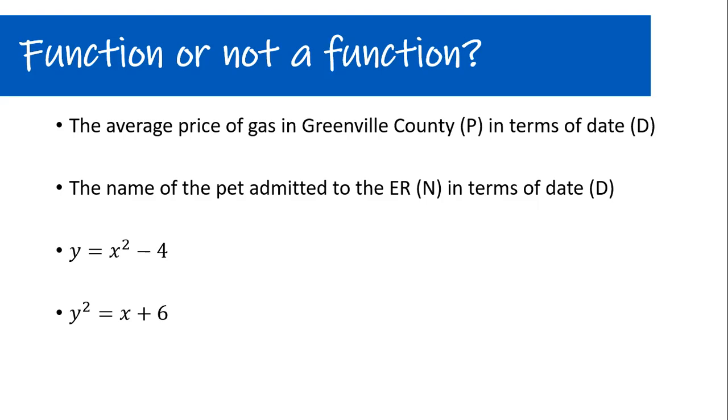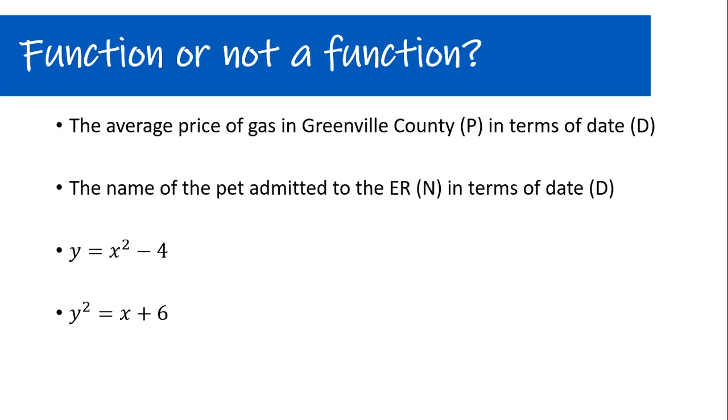And what about this? Y squared equals X plus 6. Well, to solve this, we really need to take the square root of both sides, right? But remember, when we take the square root, we end up with a plus or minus. So for one single X, let's say X equals 0, 0 plus 6 equals Y squared.